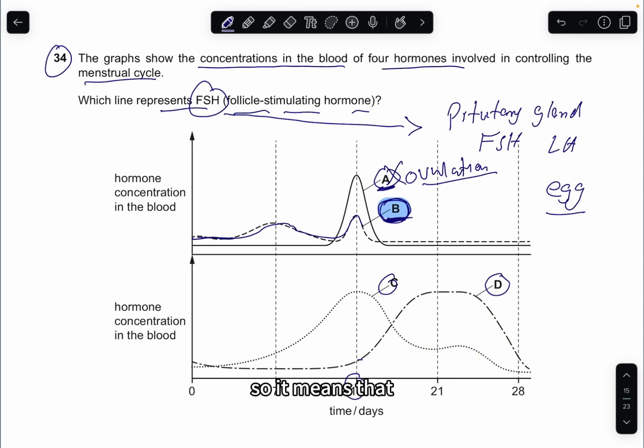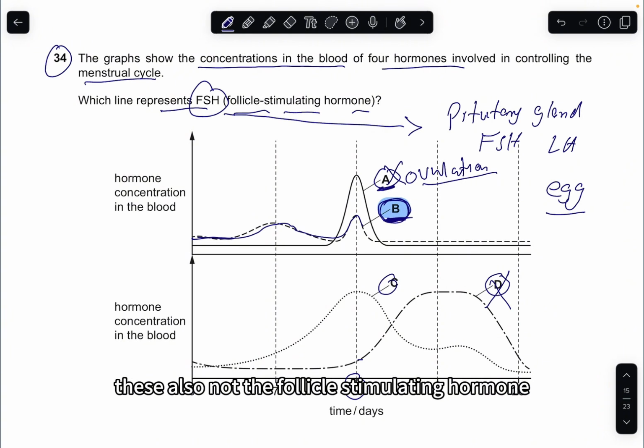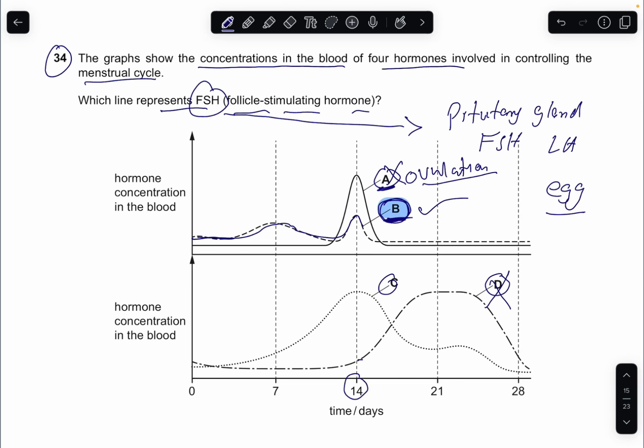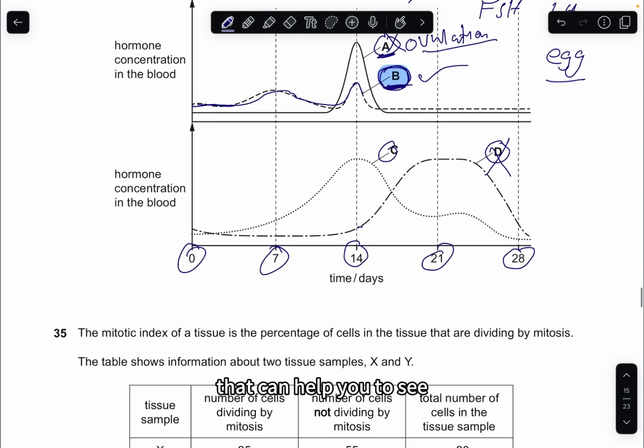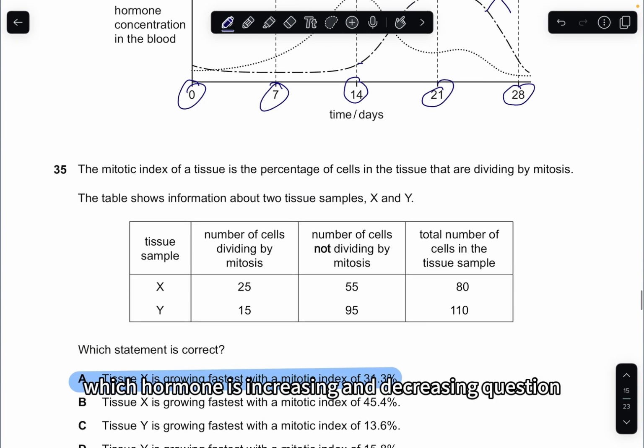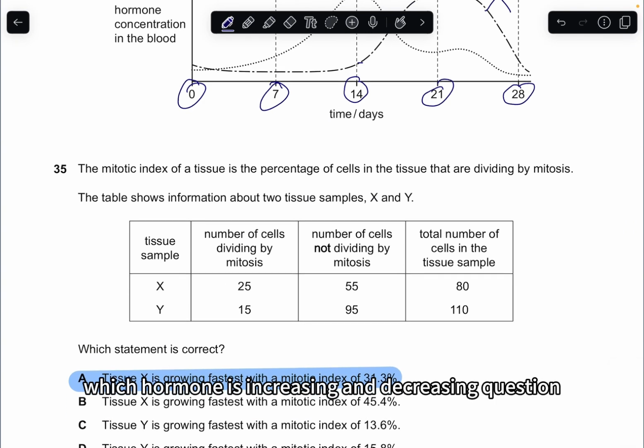So it means that D is also not the follicle stimulating hormone. This could be the progesterone. So the answer is B, the follicle stimulating hormone. You have to keep these days in your mind when you're solving these questions. That can help you to see which hormone is increasing and decreasing.